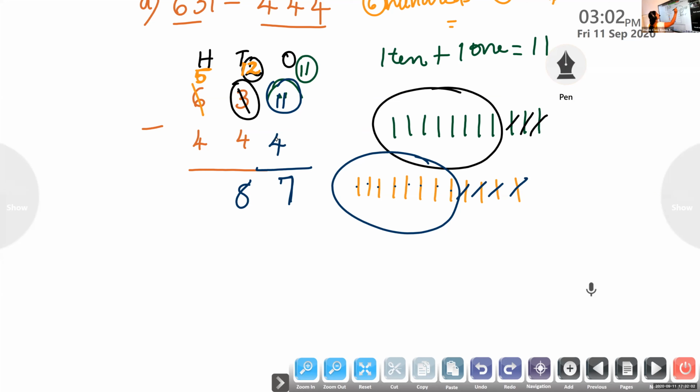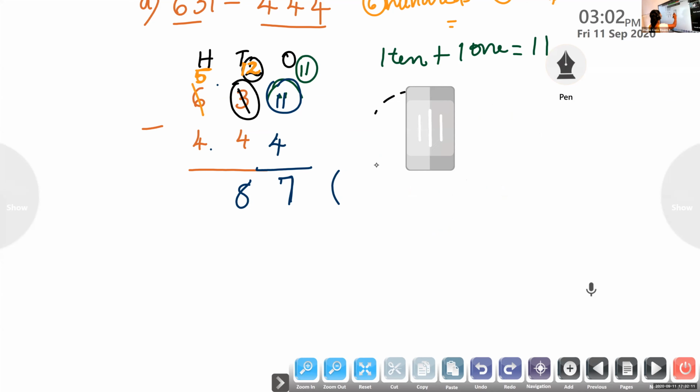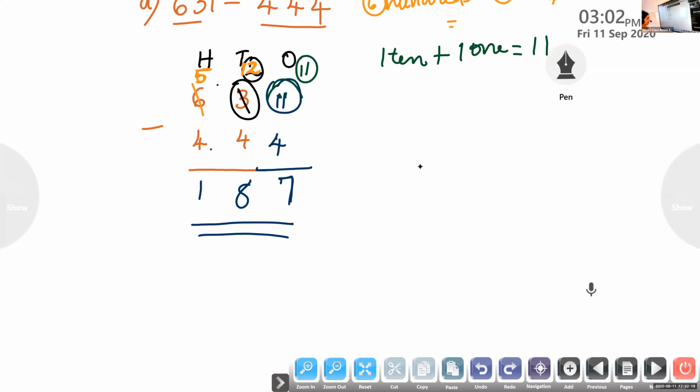Now till where did we reach? 12 minus 4 is 8. Then 5 minus 4 is 1. So what is the answer we got? 187. Isn't it? Yes.